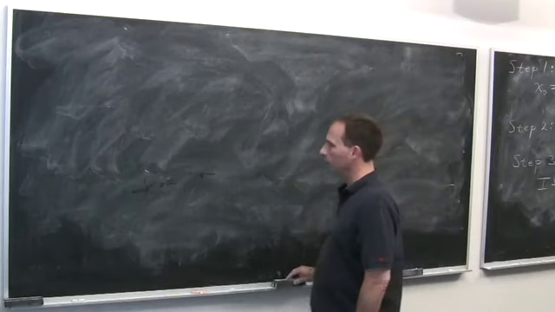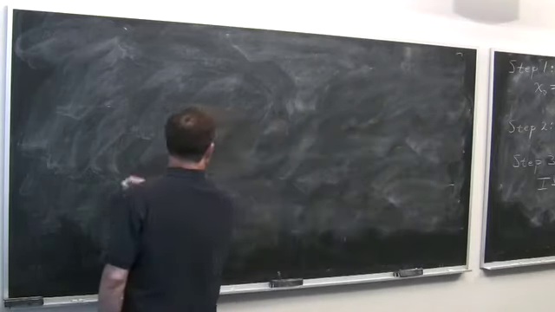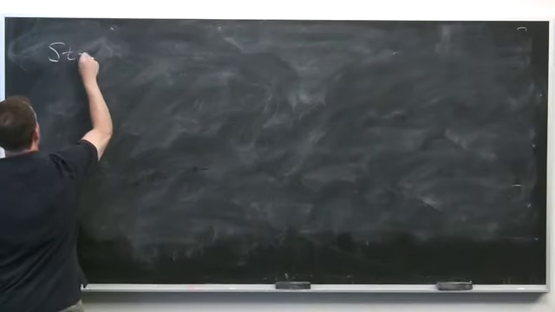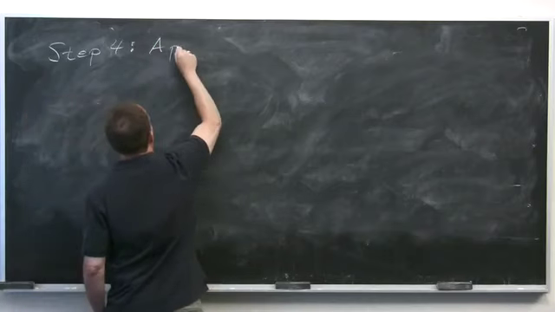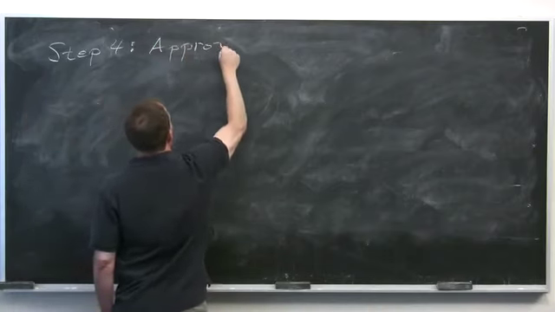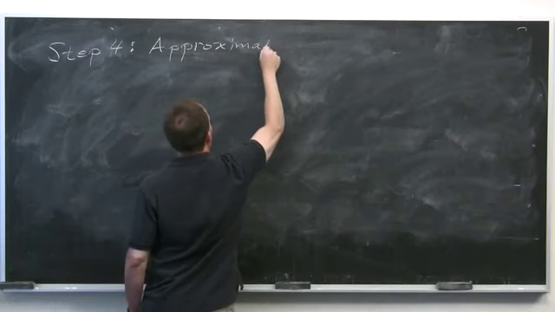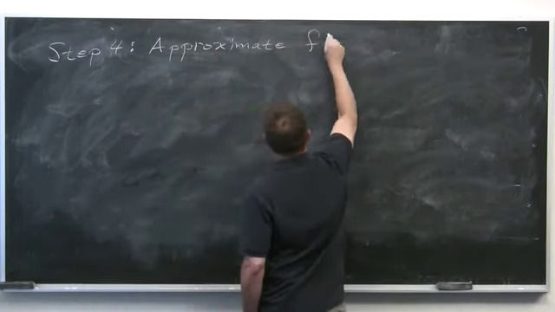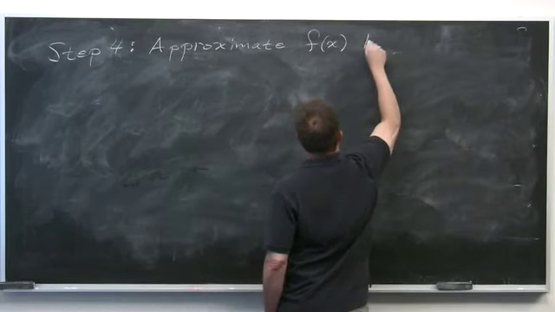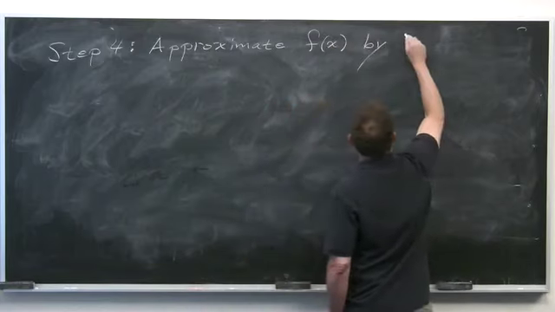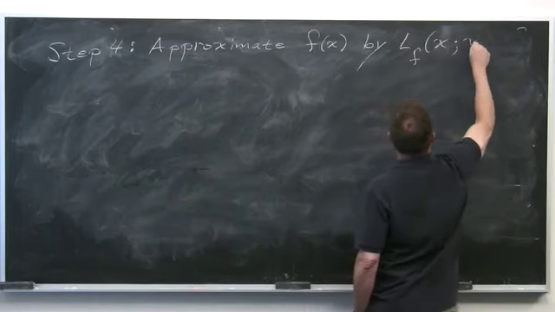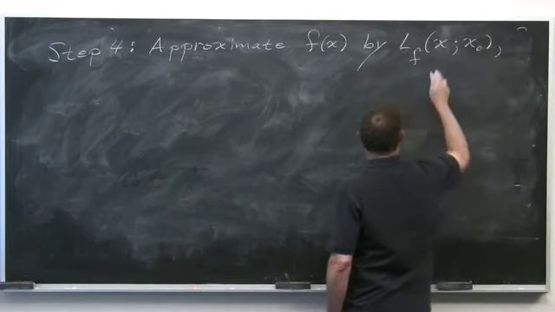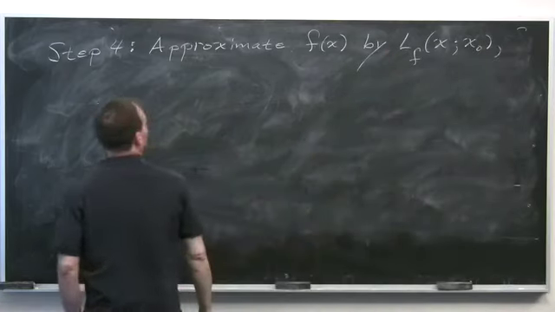And so step 4, approximate. And here's the linear approximation: approximate f of x by the linearization of f at x naught, and find where this is 0 instead of where this is 0.